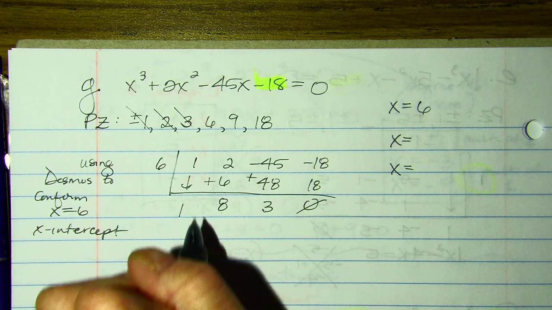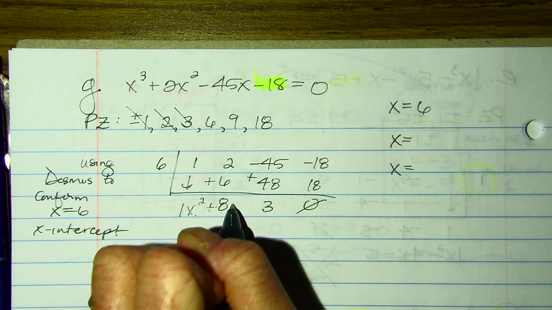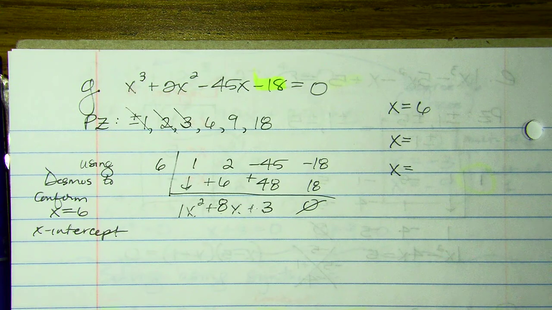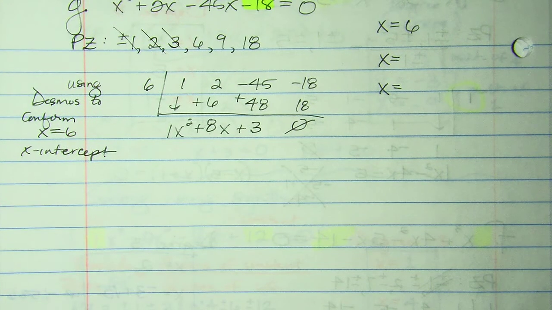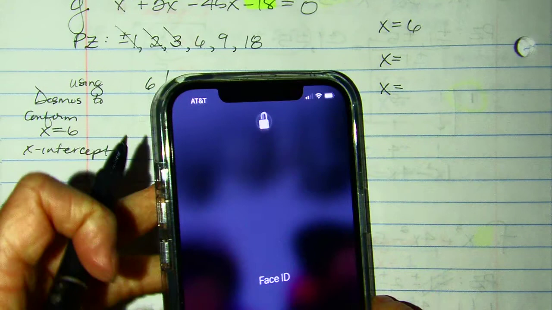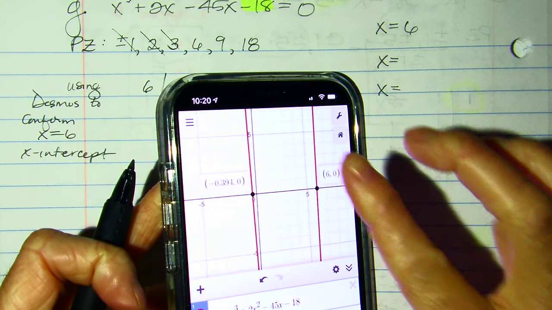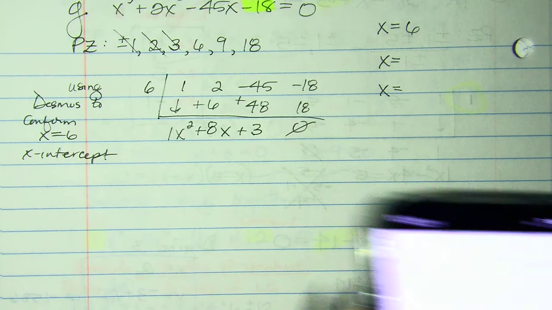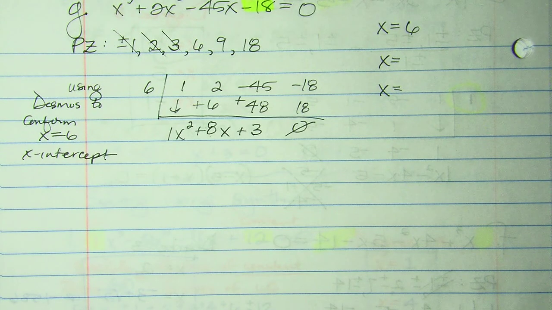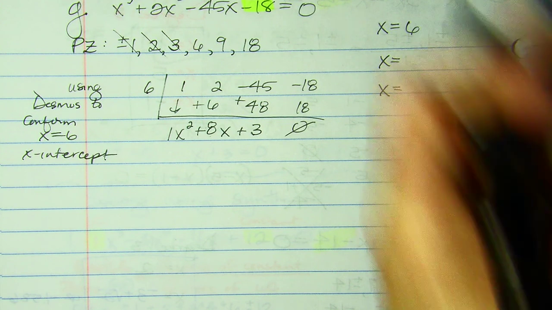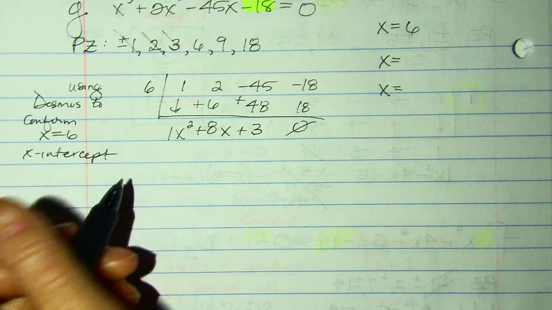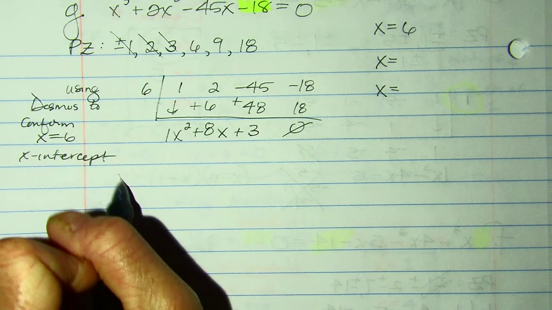I'm going to write my new polynomial, so 1x squared plus 8x plus 3. Now I definitely know that's not factorable. And I also know that the remaining zeros are decimals, because I checked on Desmos, they're weird decimals. So I'm going to do the quadratic formula.